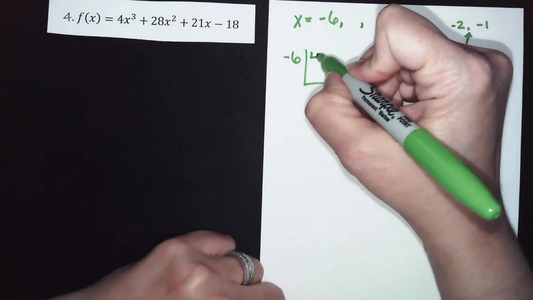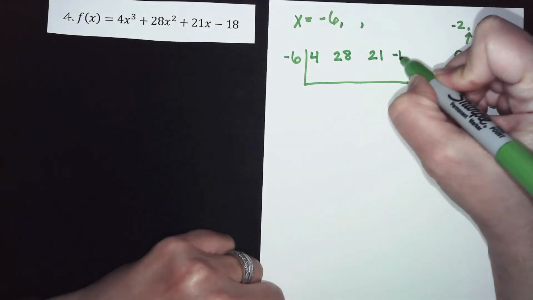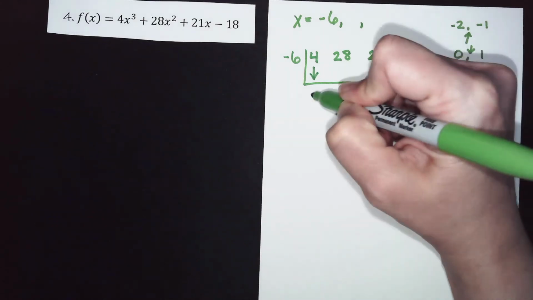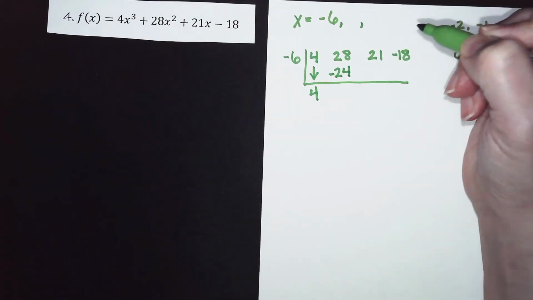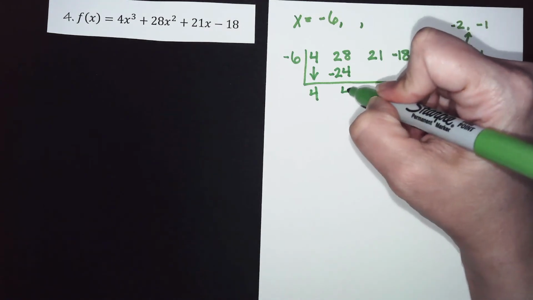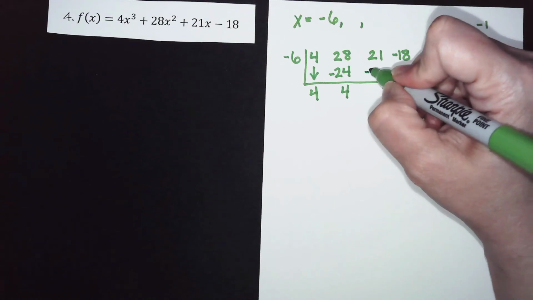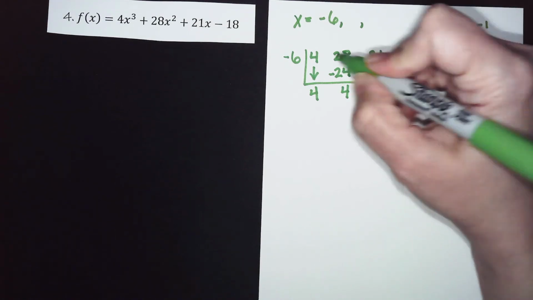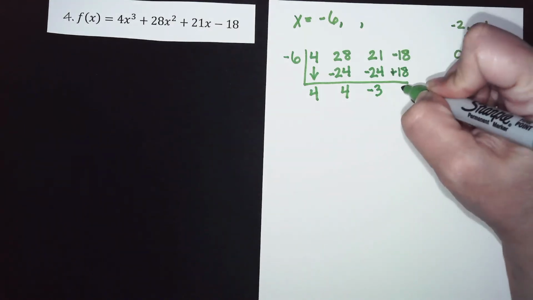So I write their coefficients in order, and I divide. So I'm going to bring down the first term, multiply together, add, multiply times -6, add up, multiply times -6, whoops, that'd be a positive 18, and that adds up to 0.